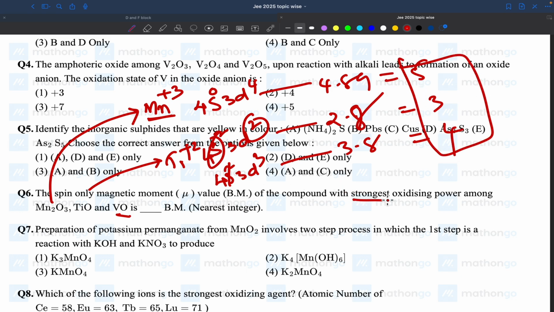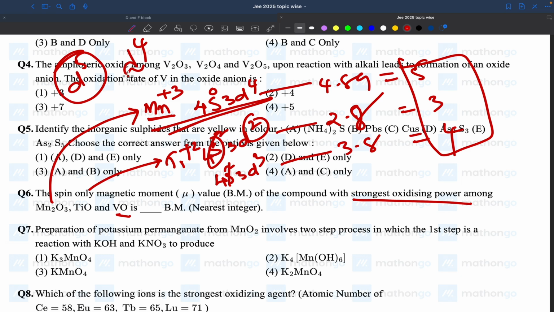Among these, which one has the strongest oxidizing power? An oxidizer always takes electrons. If an oxidizer takes an electron, its oxidation number decreases. Look at the manganese situation. The d5 configuration is the most stable configuration.